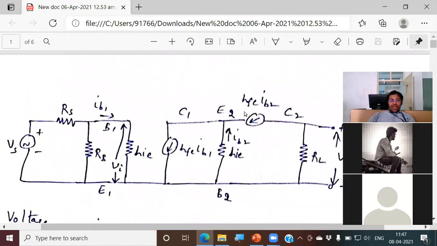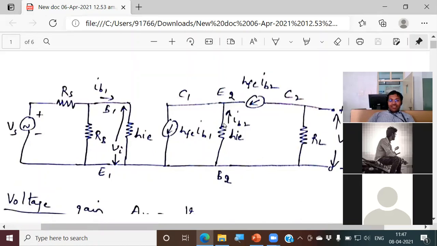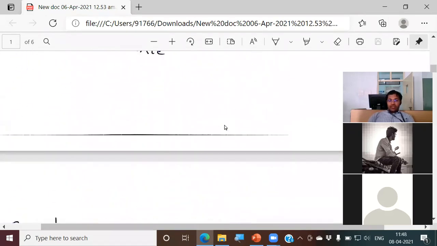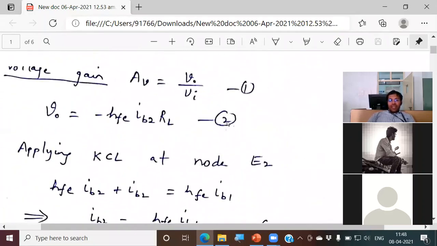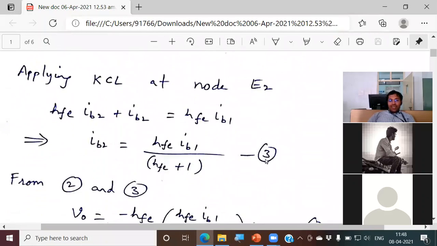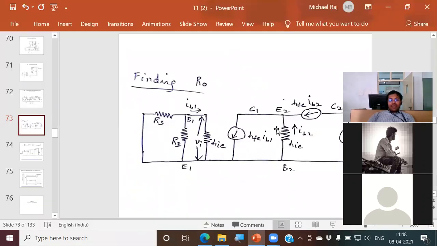This node I didn't modify for finding output resistance. So the KCL equation which I used earlier, I can reuse. You have to be very careful. I can only reuse equation number 3 because this part remained the same for finding R0.